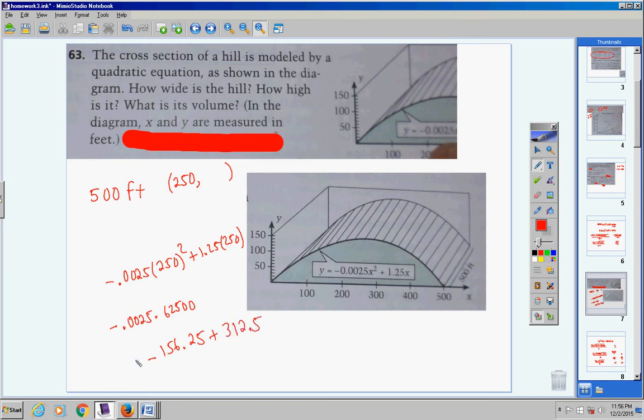So combine these two numbers and you will get 156.25. So there's the height, 156.25. So we're over how far?